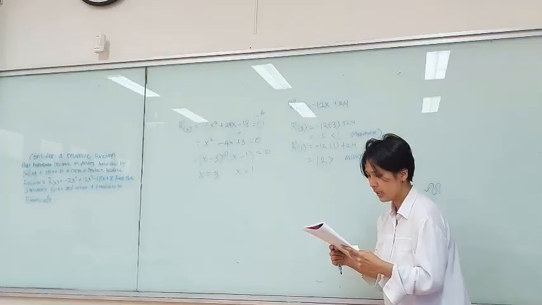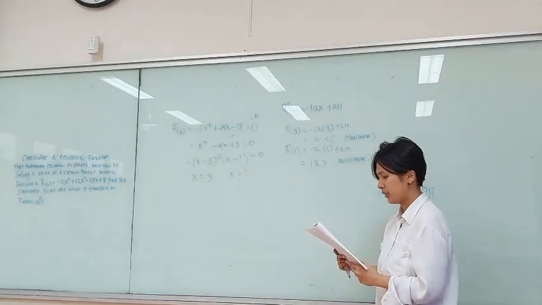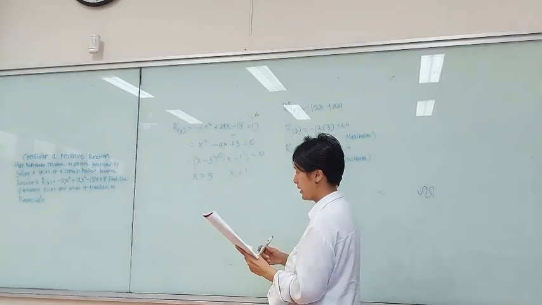As we found the two stationary points, to determine the financial interpretation of the stationary points, you substitute the critical point back into the revenue function.